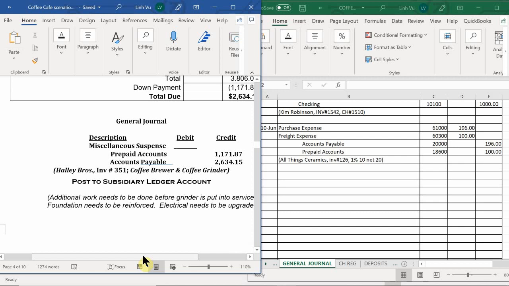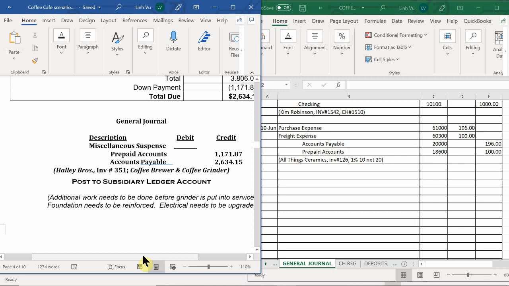It's not ready yet because we need to build a foundation and reinforce it so that it stays on the foundation for the electrical work. We also need to build electrical wiring for the coffee grinder to be able to be plugged into a wall. So in this case, I want you to just set it into the miscellaneous expense account. Okay? I'm telling you to do this.